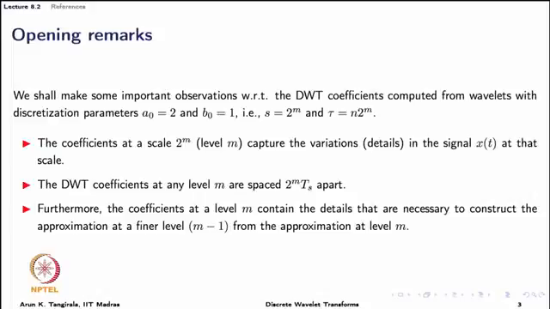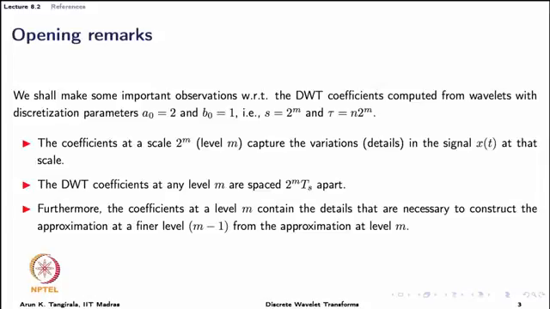So, the other point that I want to make ahead is about the coefficients that we compute. Now, we talk about coefficients just as we talked about Fourier coefficients and so on. So, the transform that I compute with a wavelet essentially yields me coefficients, and when I am computing these coefficients at a scale 2 power m or at a level m, what they essentially do is they are capturing the details in the signal at that scale.